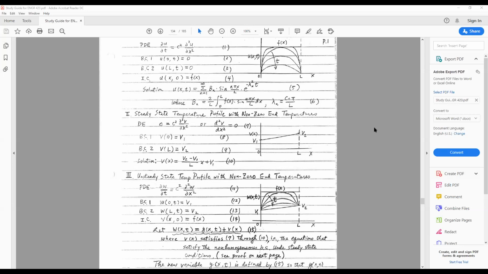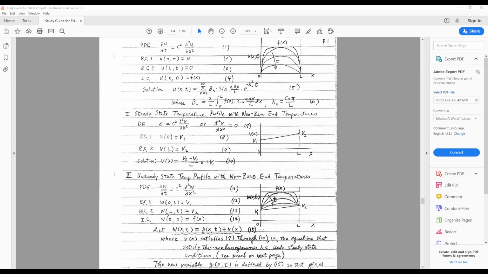So this example illustrates, yes, indeed, we can solve the problem. We can solve the non-homogeneous boundary condition problem. At the two ends, we keep the temperature at two arbitrary values. And if the initial condition is a horizontal line F, the temperature will decay to this straight line.